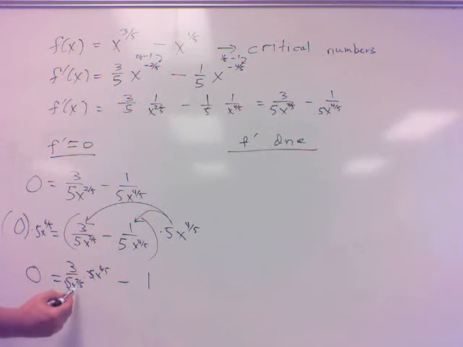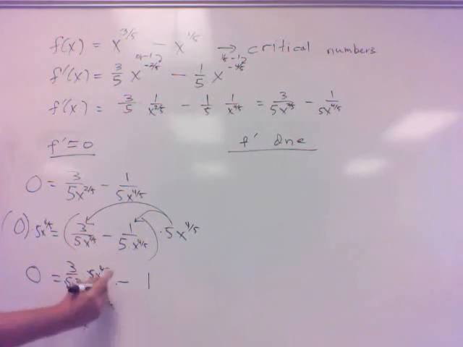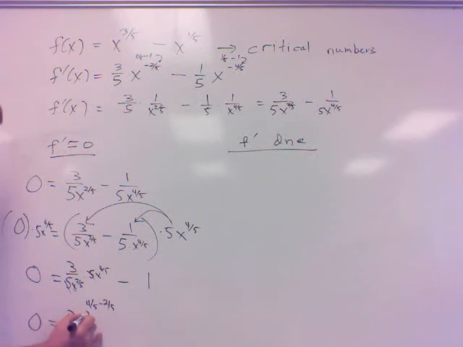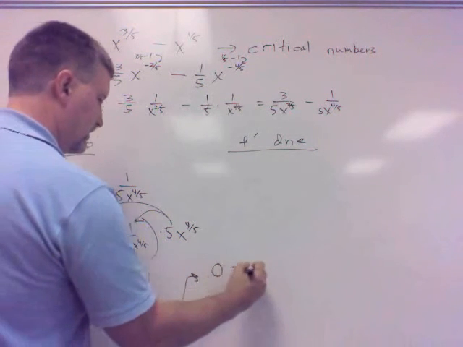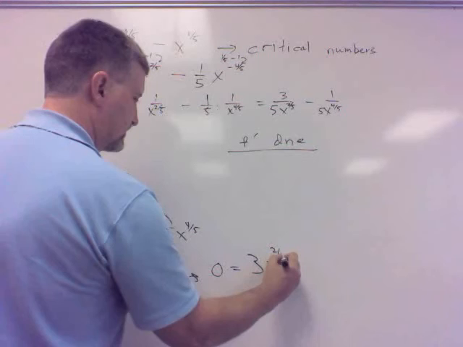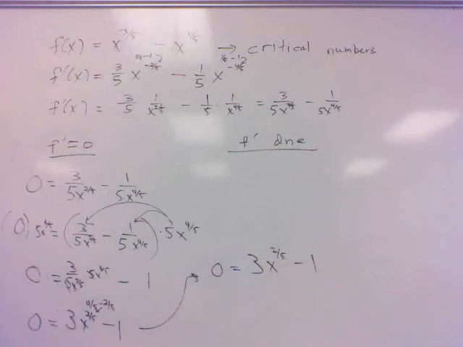Subtract. What's 4/5 minus 2/5? Don't I subtract there since they're divided? 2/5. All right, so I wind up with 0 equals 3x to the 2/5 minus 1. I think that's the way I want to go. Okay? All right?